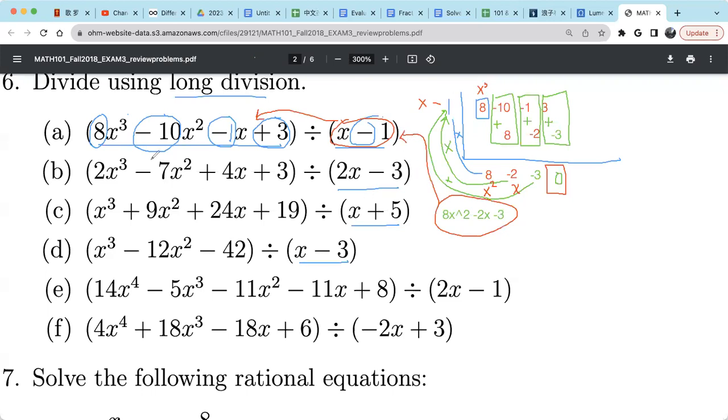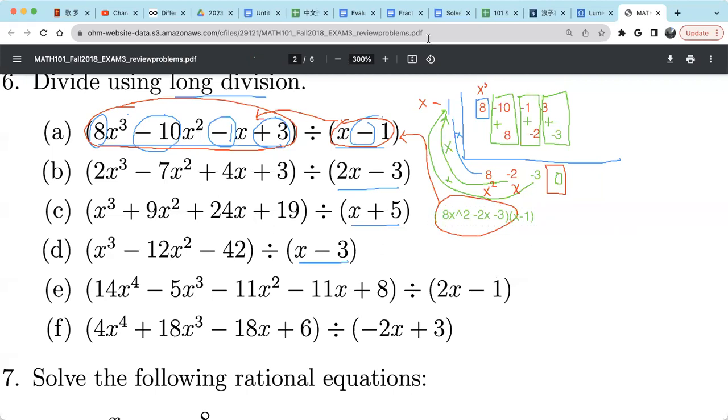This also means the dividend can be written as this quotient, 8x squared minus 2x minus 3, multiplied by the divisor x minus 1.